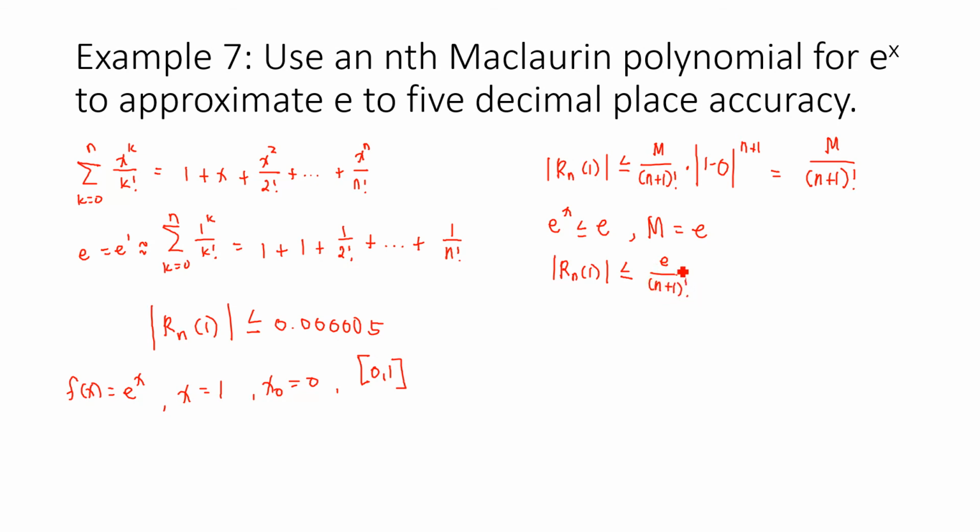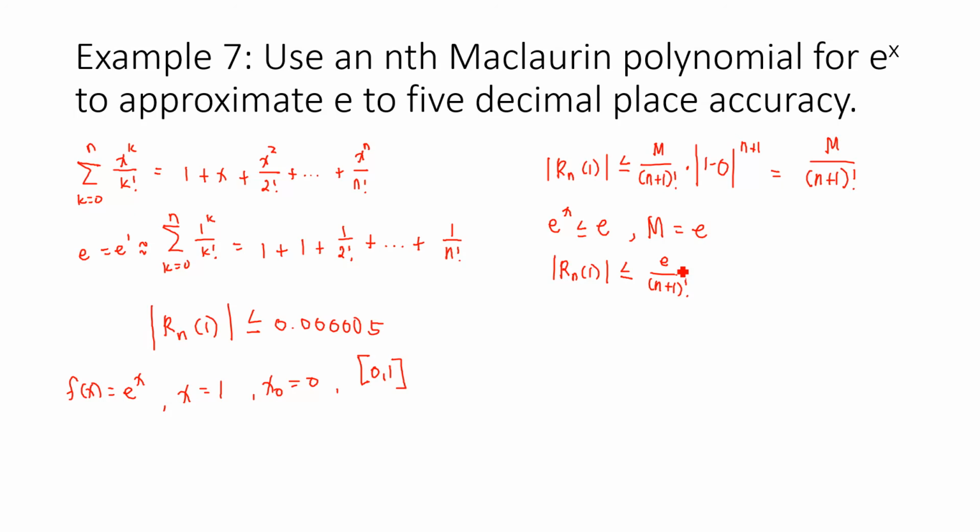Unfortunately, this inequality is not very useful because it involves e, which is the very quantity we are trying to approximate. However, if we accept that e is less than 3, then we can replace this with the following less precise but more easily applied inequality.